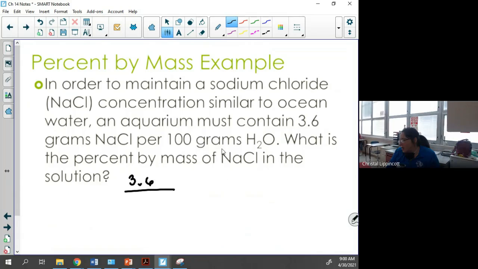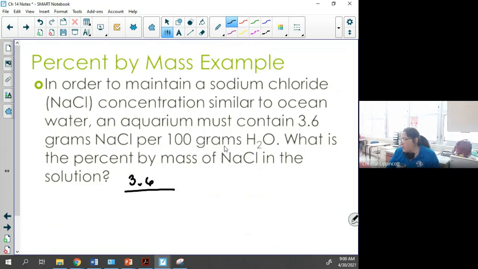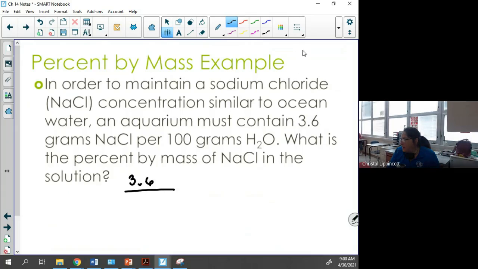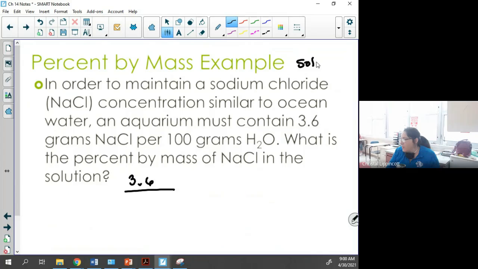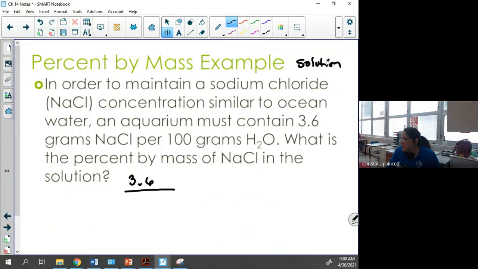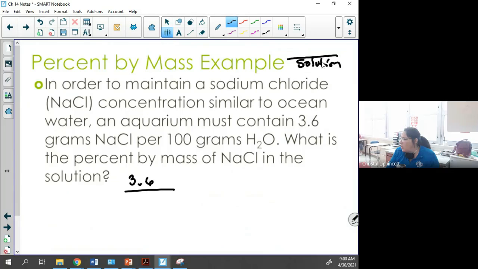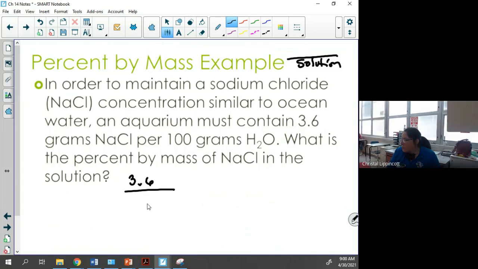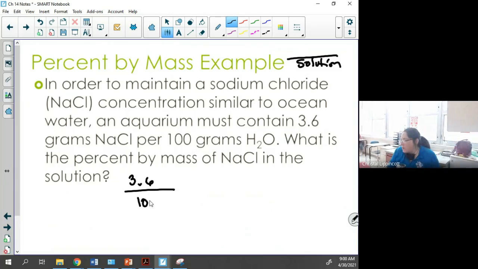Well, this is your water. What is the formula for this? It's solution, right? On the bottom. So the solution is the whole. So this is just part of that whole. So what do I have to do to get the bottom value here? 103.6? Yep. Really? Yeah. And then times 100.